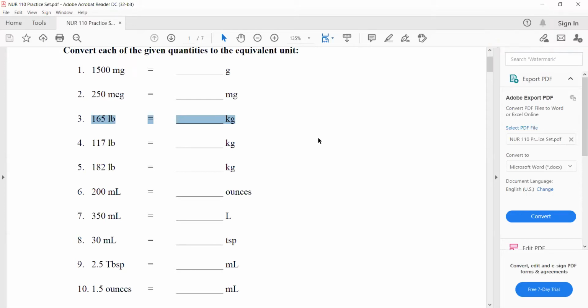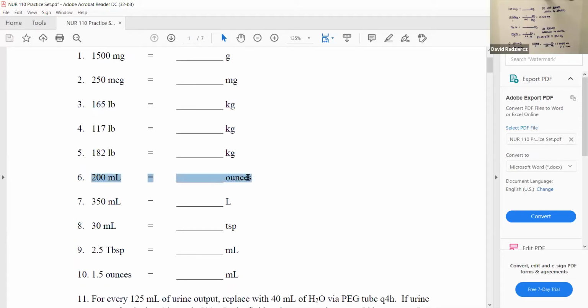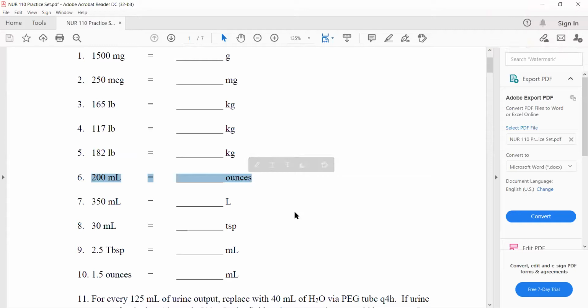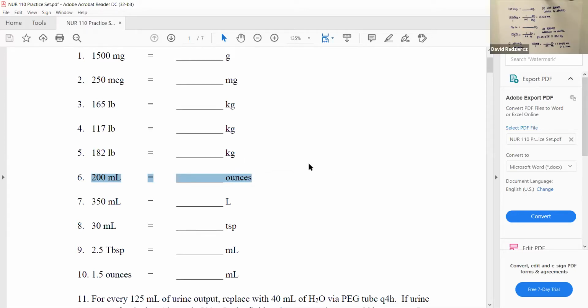Yes, good. What about milliliters to ounces? Yes, potentially, right? And the reason we're saying that is because milliliters is in the metric system, ounces is not in the metric system, right? It's in the American system, or the American standard, I think is the specific name for that. Milliliters to liters, will I round that?